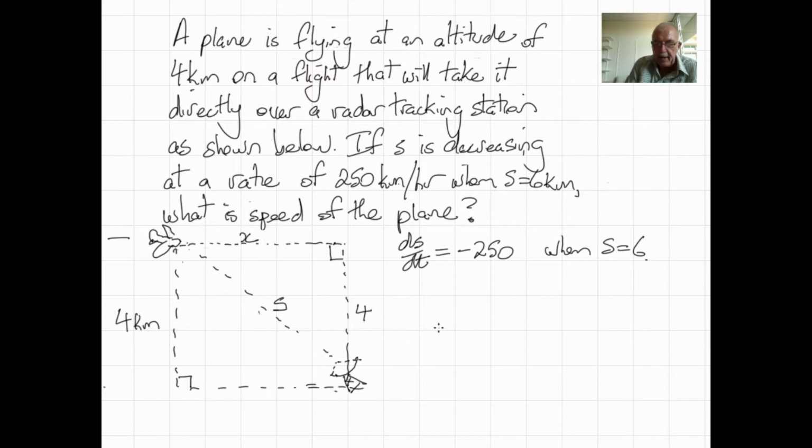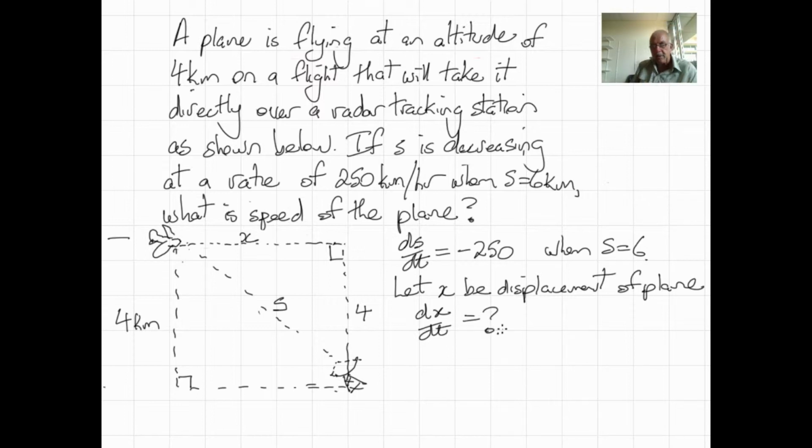And if we call that x, so let x be the displacement of the plane. So we are asked to find dx/dt. That's basically what we're asked to find, dx/dt.